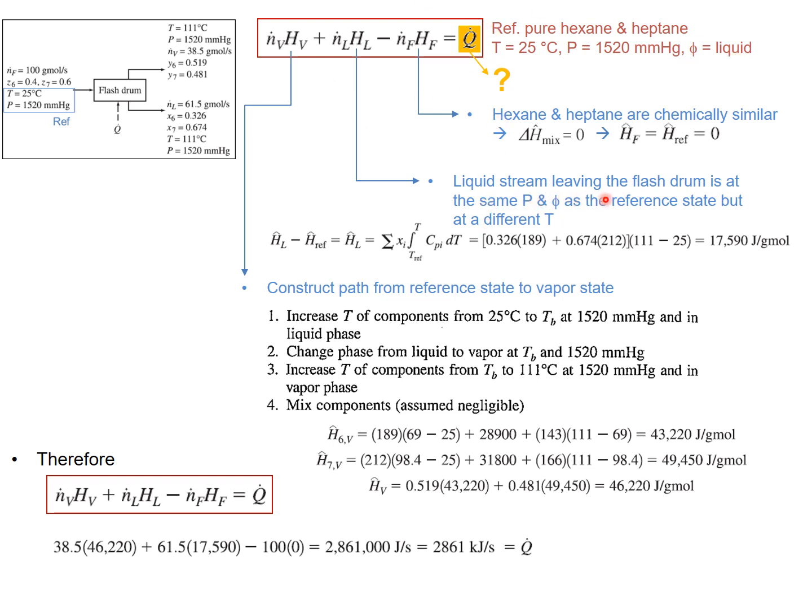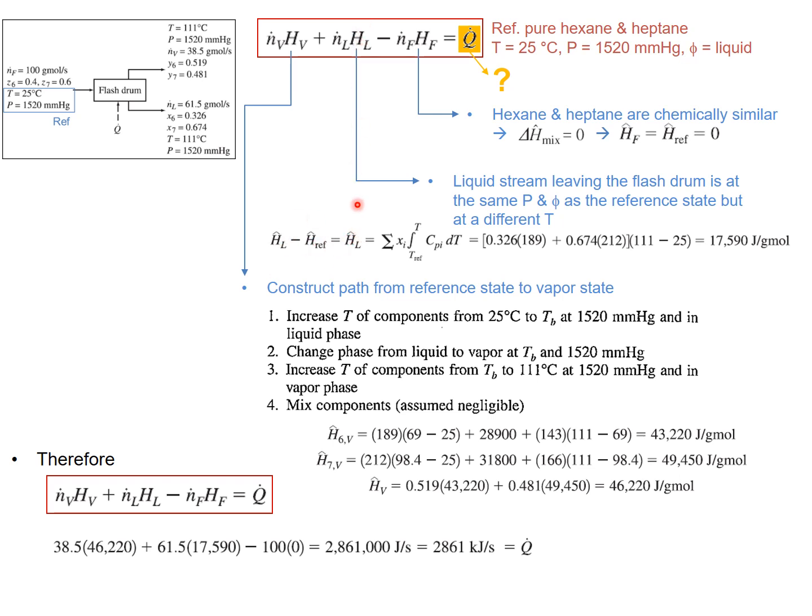The liquid stream leaving the flash drum is at the same pressure and liquid phase as the reference state. So pressure and phase are not changing, but the temperature is different from the reference temperature. So we will use the Cp dT equations, I mean Cp with the temperature difference. So again, let's go back.